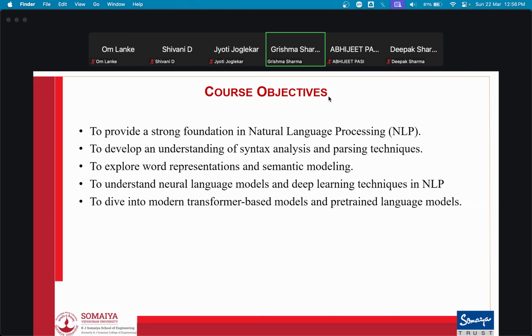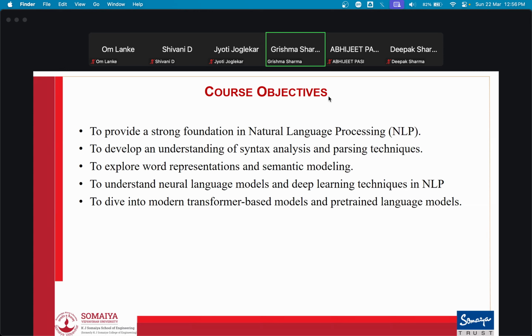In NLP we cover the fundamental stages: morphological analysis, then word level analysis, then sentence level analysis, and understanding the semantics, the meanings, and the pragmatics and discourse.